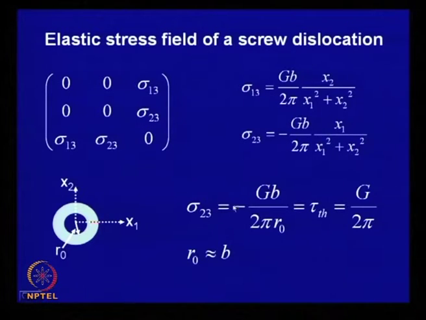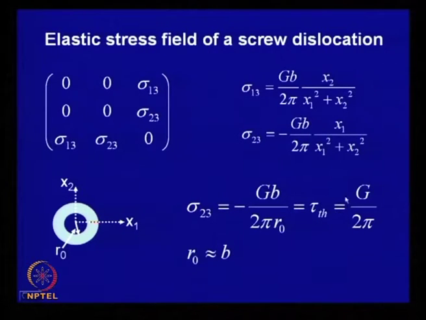And now, it will be interesting to know what the size of the core of this dislocation will be, because within the core the deformation is so large that the elastic law, that is Hooke's law, will no longer be valid. Therefore, we can say that within the core the stress field is equal to the stress field of an ideal crystal.